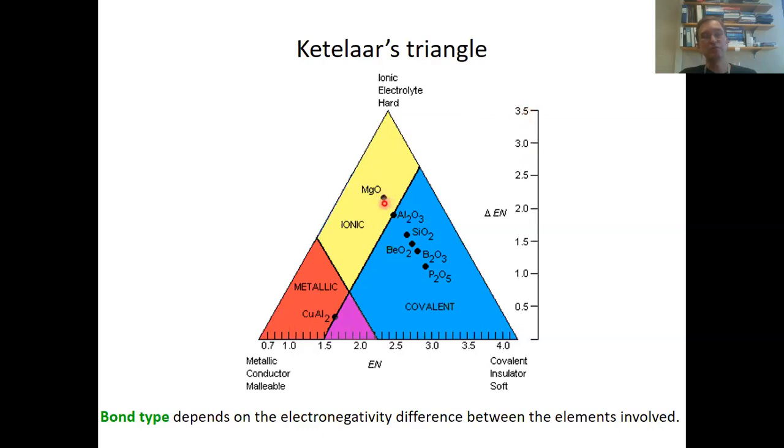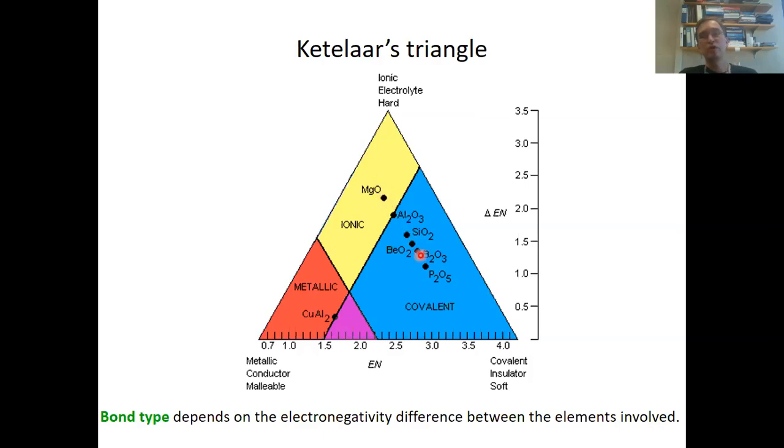Electronegativity always has to be finite. Okay, for that reason, our magnesium oxide has to lie within that triangle at a certain distance from this corner and this corner as well. So you would expect that there are also certain metallic and covalent contributions, even though these contributions may be fairly small.